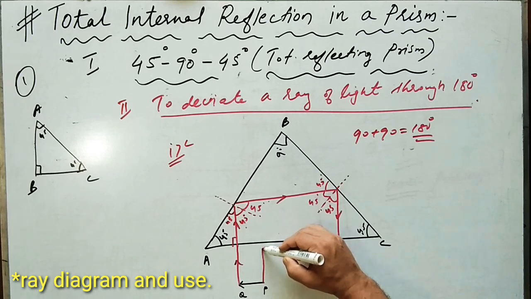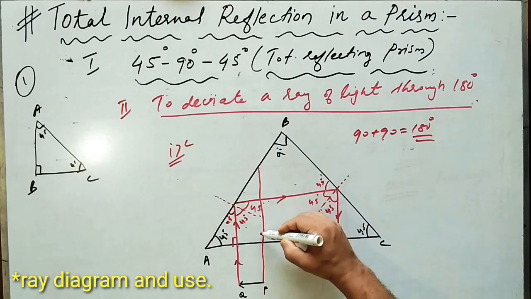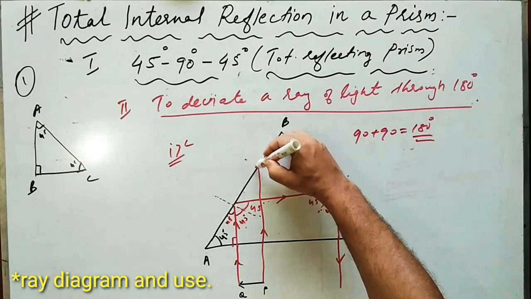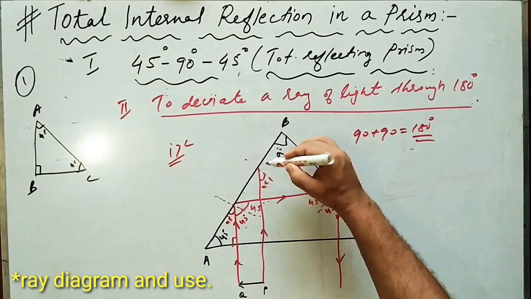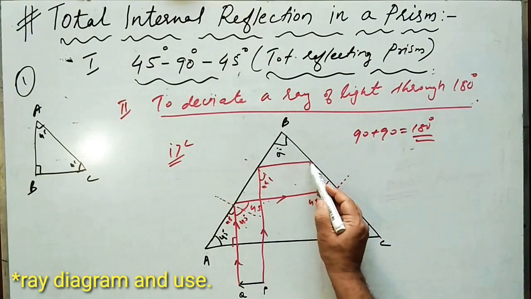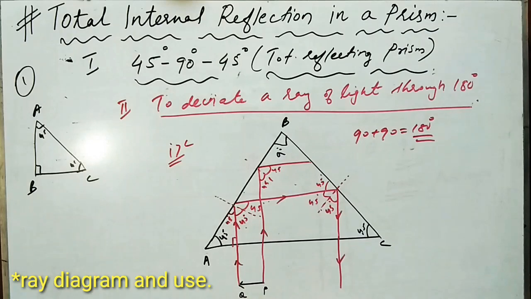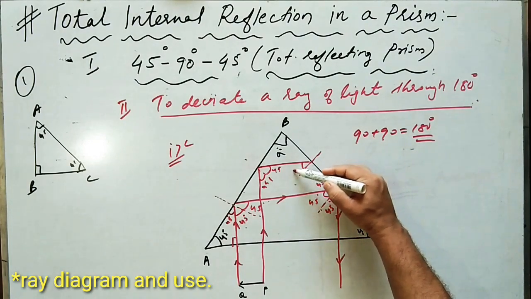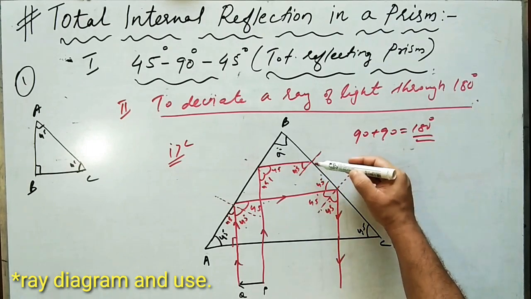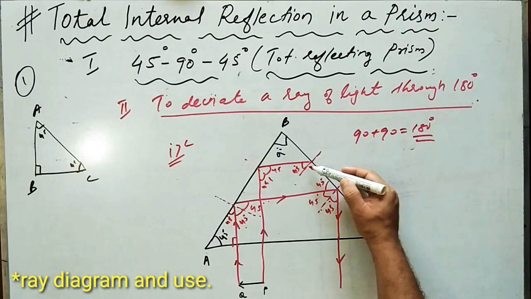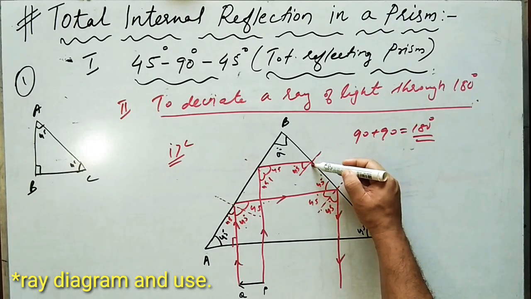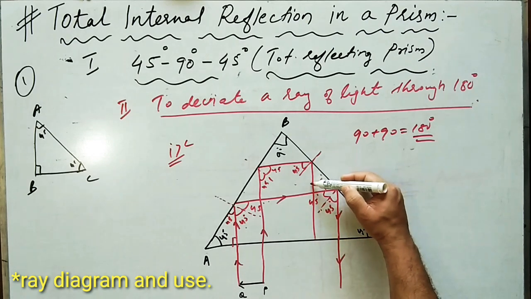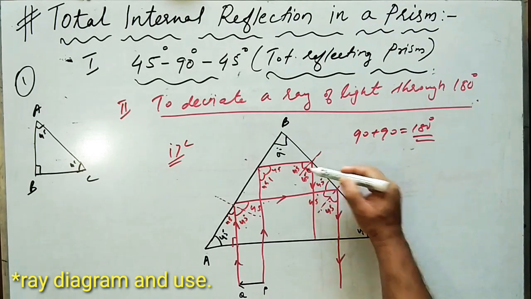A ray of light can travel passing undeviated, striking the surface at an angle of incidence of 45 degrees, and turning through an angle of 45 degrees. Striking the surface BC at an angle of incidence of 45 degrees, and again, since the angle of incidence is greater than the critical angle, it will turn through an angle of reflection of 45 degrees.